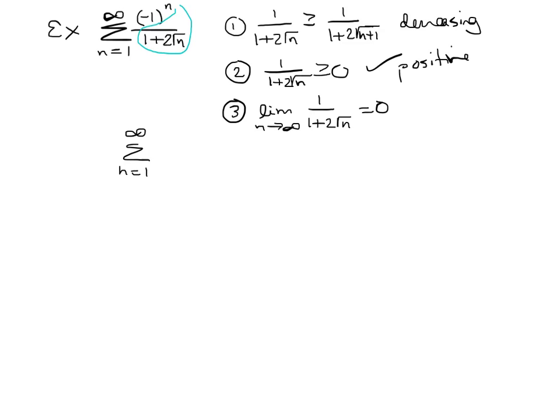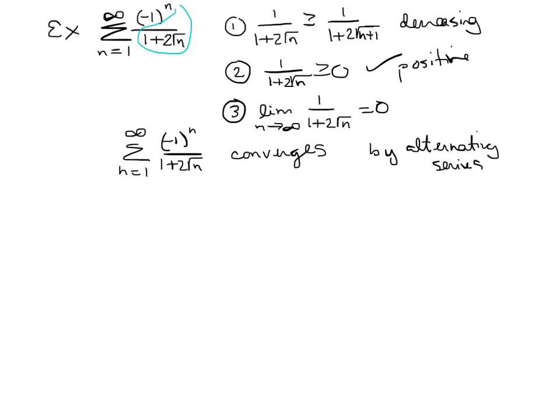The sum from n equals 1 to infinity of -1 to the n divided by 1 plus 2 root n converges. And this was by the alternating series test.